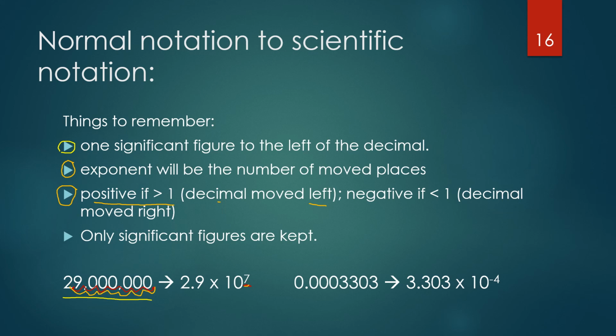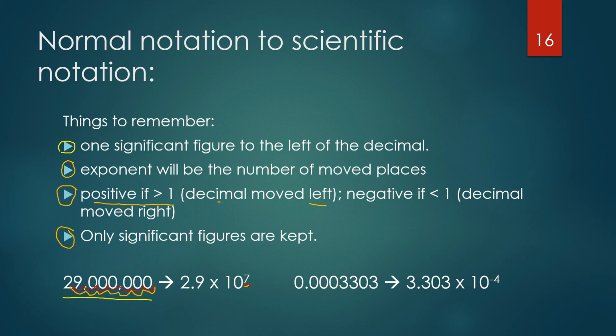Now, lastly, the last rule says only significant figures are kept. So make sure when you are representing in scientific notation that you're looking at the significant figures as well. You want to use the original number in normal notation, count how many significant figures are in that number, and keep that same amount of significant figures in the scientific notation version.